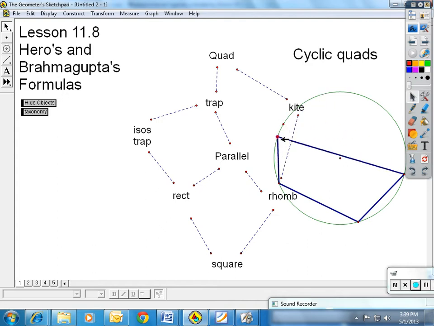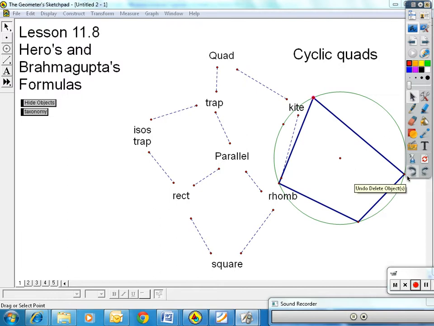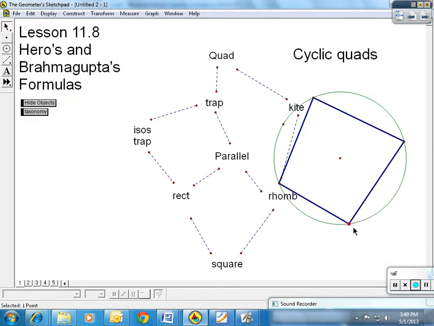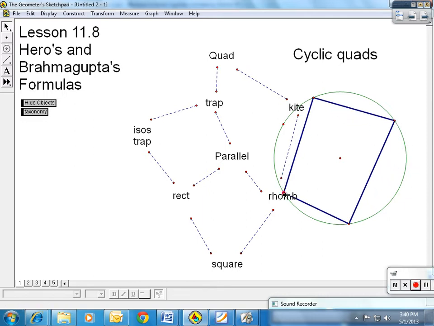As I play with this, you might think about some of the other shapes, like a parallelogram. Let's try to make a parallelogram out of this cyclic quad. We've looked at cyclic quads already to a certain extent. So let's play around with that a little bit. As you can see here, it's a little bit difficult to get a parallelogram.